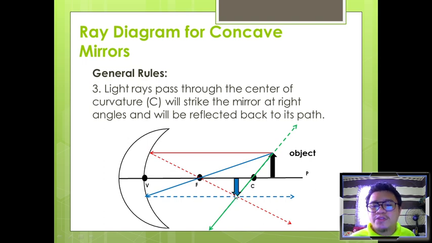Okay? So this point indicates where the image is formed, indicated by the blue arrow. Now, we know already where the image is located. So we can now start describing how we should characterize this image formed.